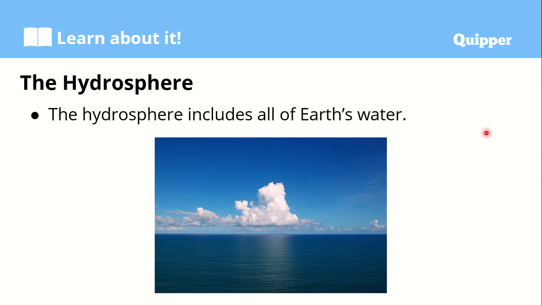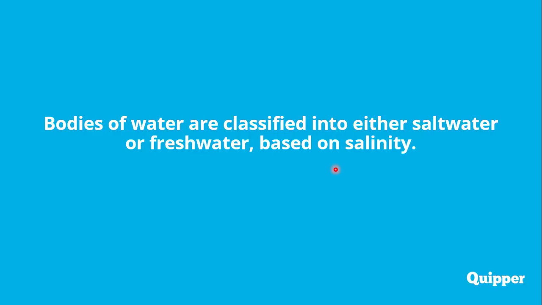Even clouds, snow, glaciers, and rain are also part of the hydrosphere. So the bodies of water are divided into either salt water or fresh water based on salinity.